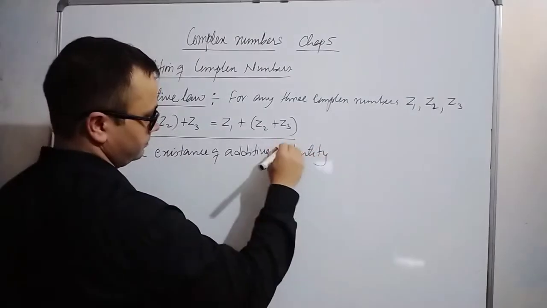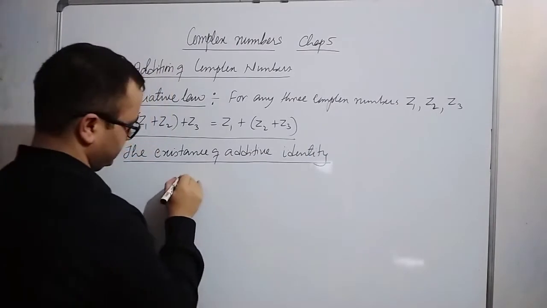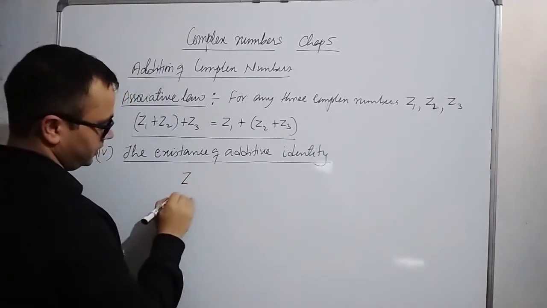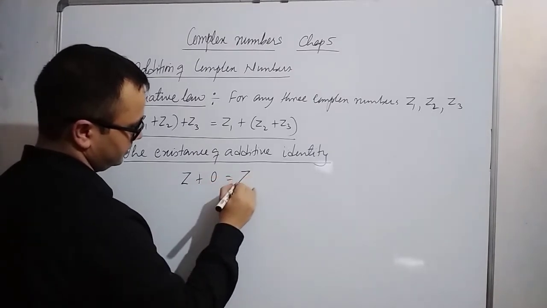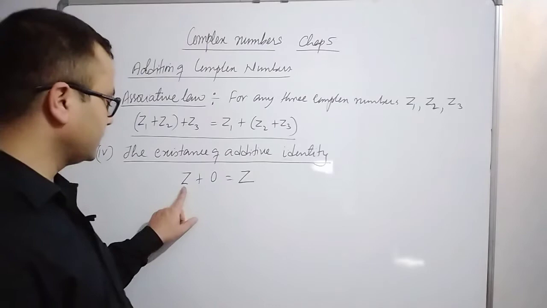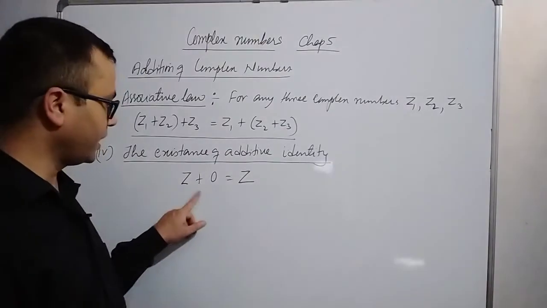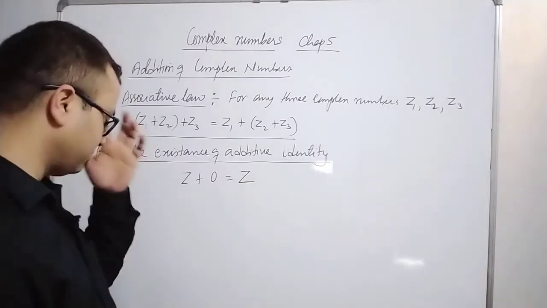In additive identity, the given complex number should be added with 0. It gives the same complex number. Z is the complex number; Z added with 0 gives the same complex number. This is additive identity.